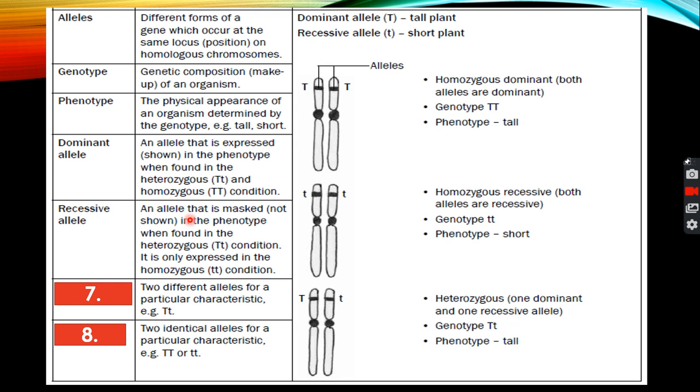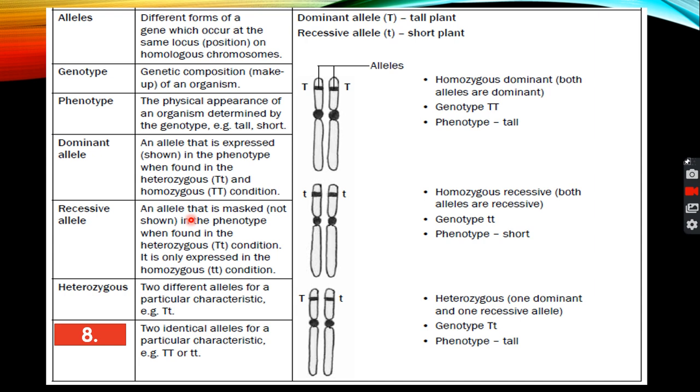There are learners, I don't want to take it for granted, but there are learners who still struggle between these terms. That's why I tell you that before you master the topic of genetics it is important to understand the key concepts, because if they ask you a certain question, you might know the answer but get confused between the terms. So that's why you must go through the concepts first. Heterozygous is not the same: big T, small t is heterozygous, two different alleles for a particular characteristic.